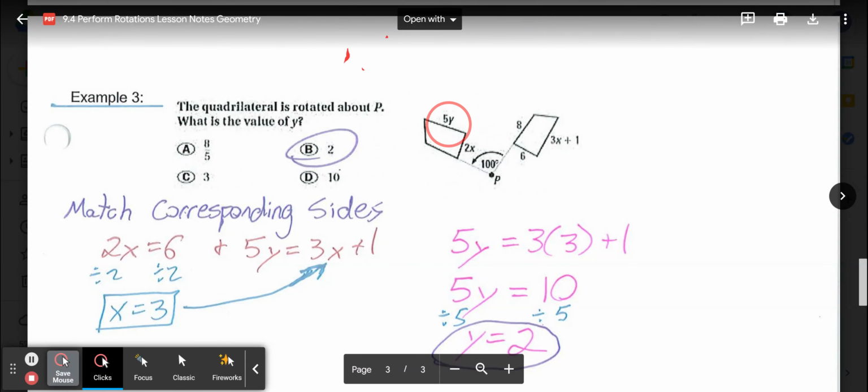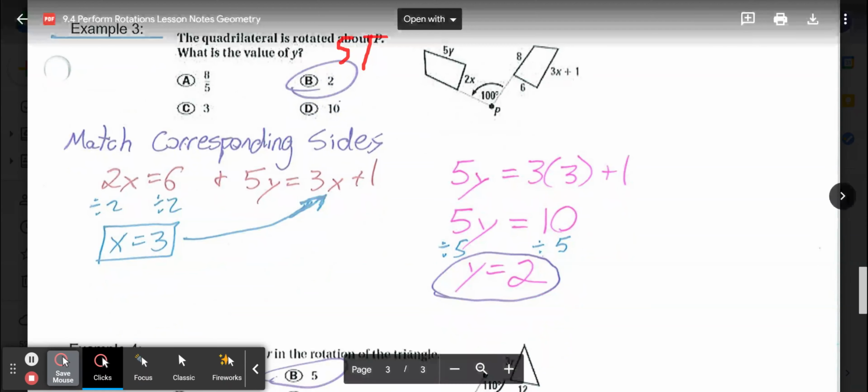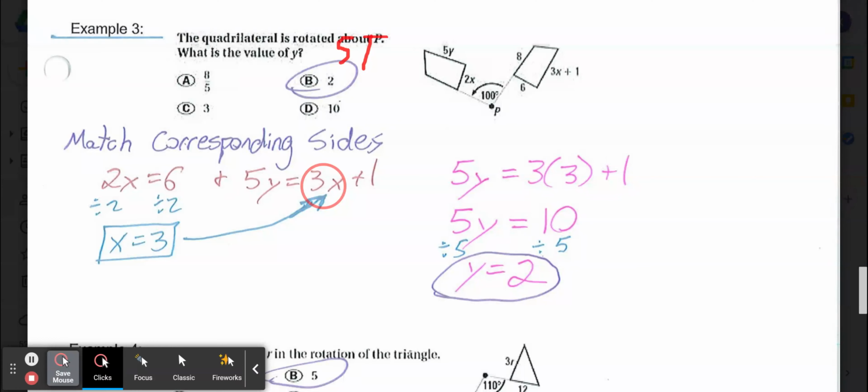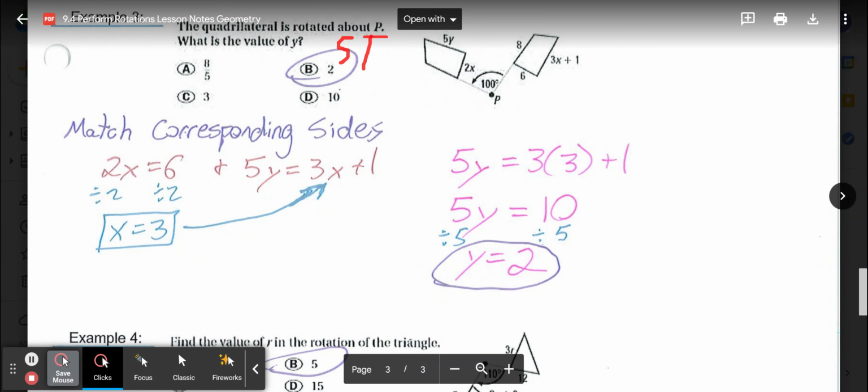We also know 5y here equals 3x plus 1. So if we take this 3 and put it in here for x, we can solve for y. So 5y would equal 3 times 3 plus 1, meaning 5y equals 10. Divide by 5, and y equals 2. So our value of y would be 2.